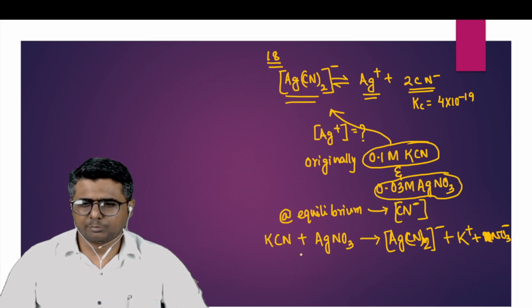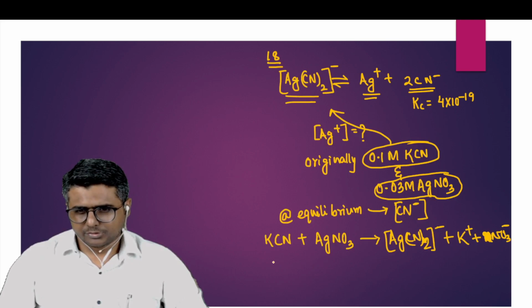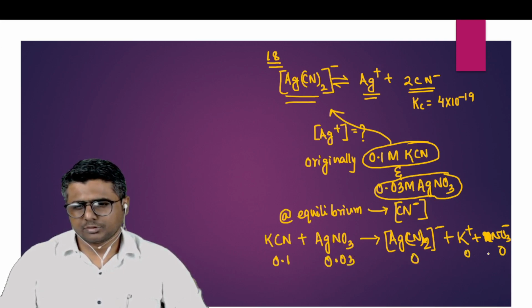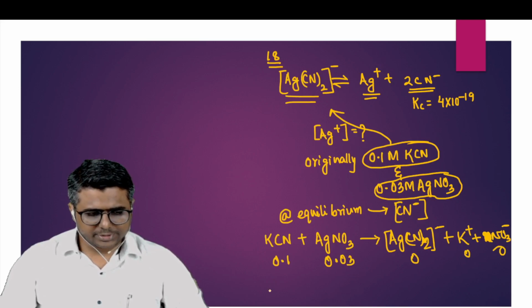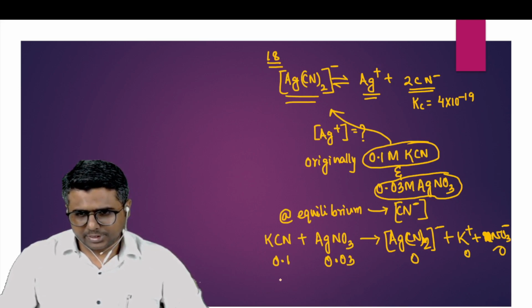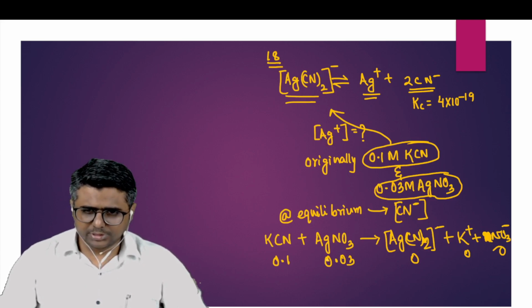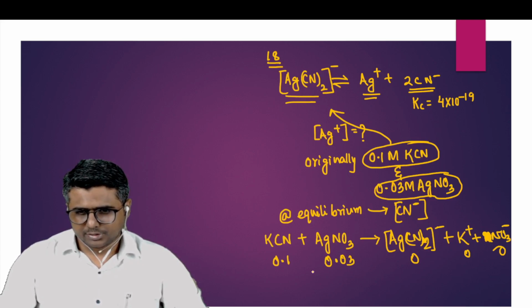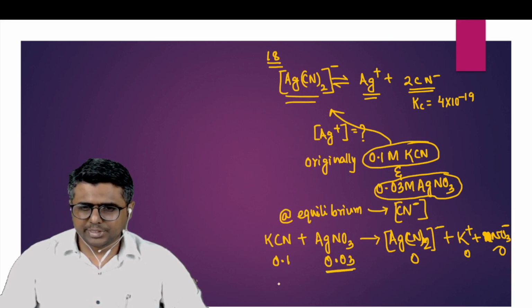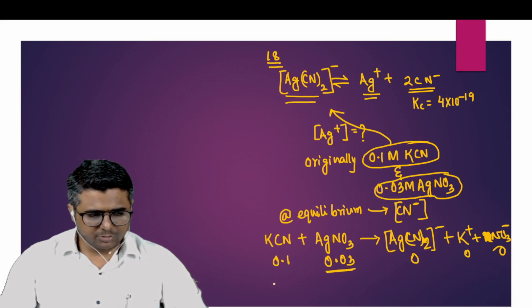It is going to break completely, so there won't be any KNO3 left. First it is 0.1 molar and this is 0.03 molar, and the others are 0. Next, what happens? We will take that all this AgNO3 reacts with KCN. So this AgNO3 is the limiting reactant. So here what will be left?